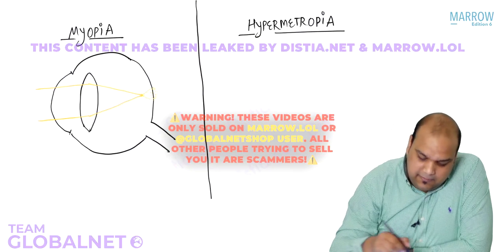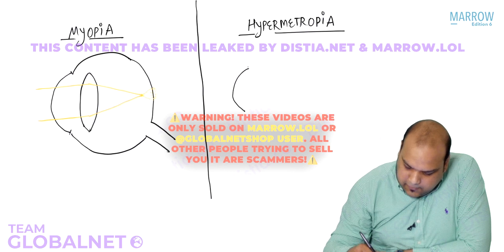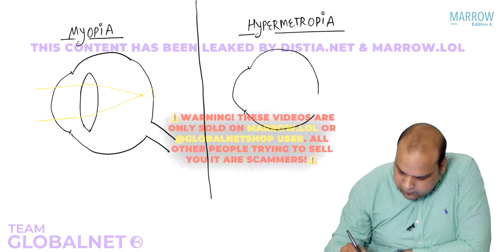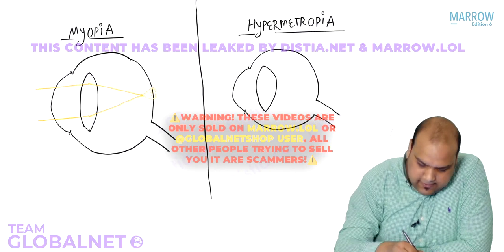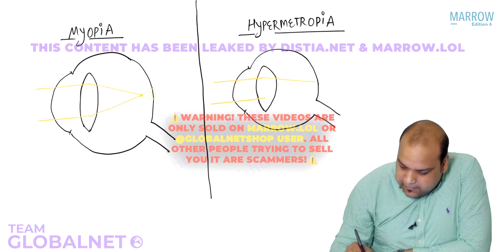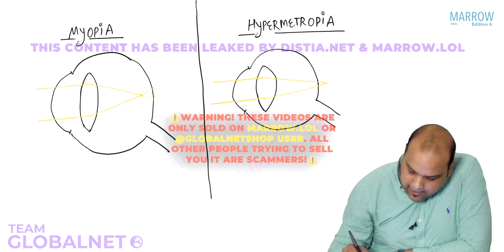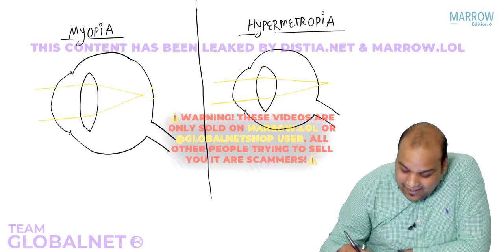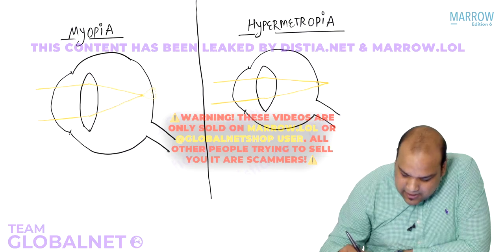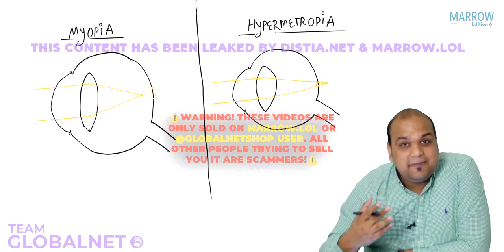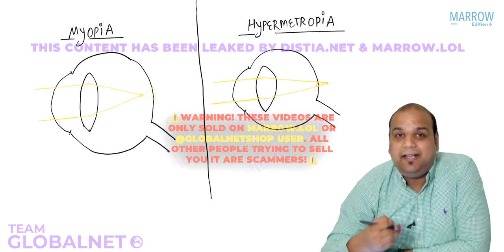Similarly, if I draw the same simple line diagram for hypermetropia, parallel rays of light coming from infinity converge with lesser power. So they finally converge behind the retina. Again you will see that while they have crossed the retina, because they have not been able to converge, there is a small circle of blur on the retina. That is why the patient has some blurring of vision in both the refractive errors.